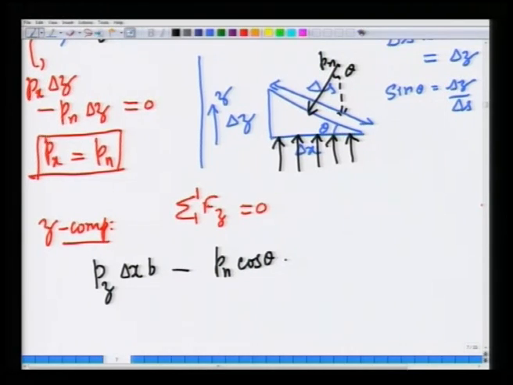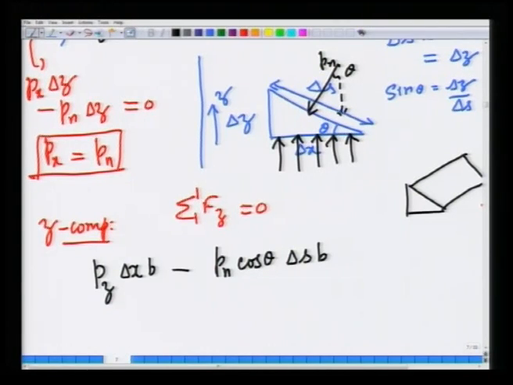You multiply it by the wedge area of this surface, because that is where this force is acting, that is delta s times B.